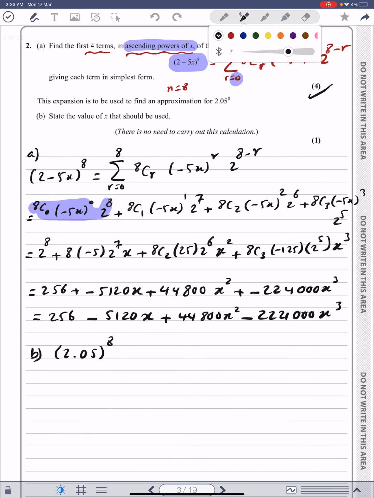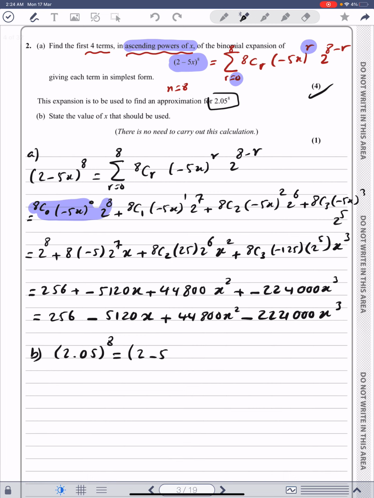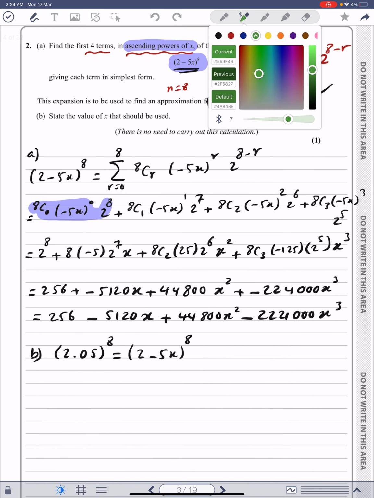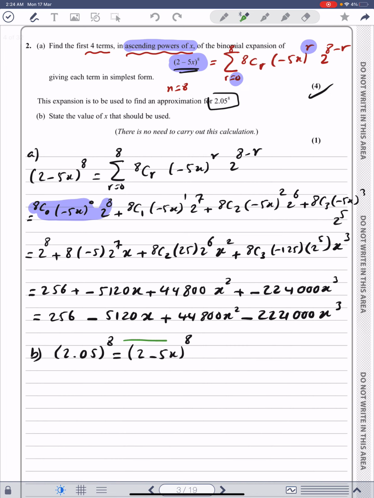I equate what he gives me in the question, the number that he's asking me to approximate, to the given one, 2 minus 5x to the power of 8. Using the fact, dear students, if powers or exponents are equal, then bases are equal.